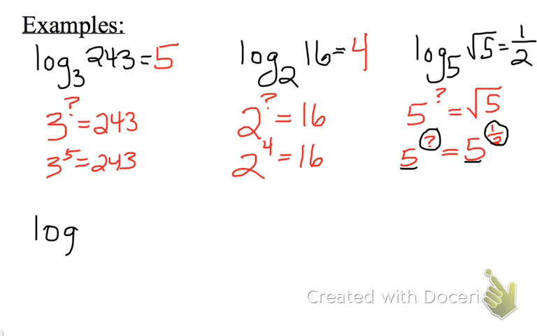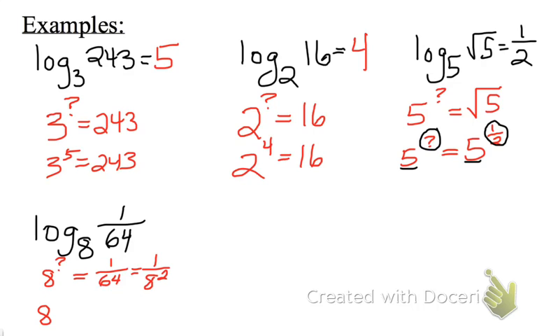How about log base 8 of 1/64th? So converting to exponential notation, this means there's an exponent on the 8 that's going to get us 1/64th. Well, notice 1/64th is really 1 over 8 squared, with that exponent of 2 being in the denominator.